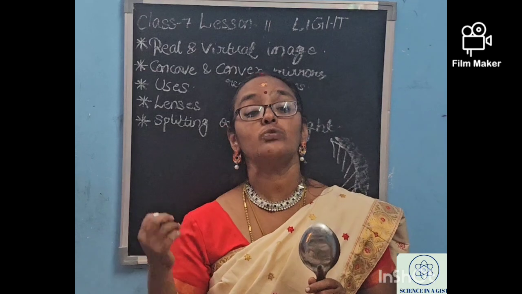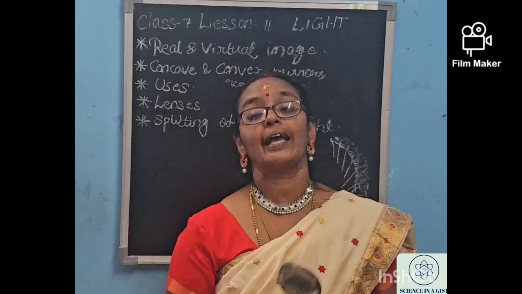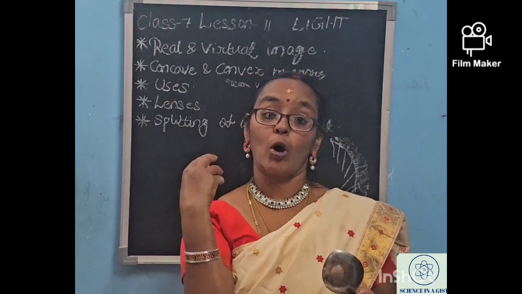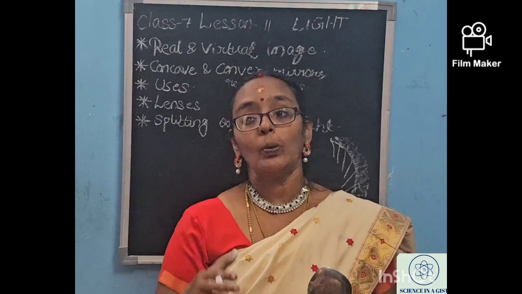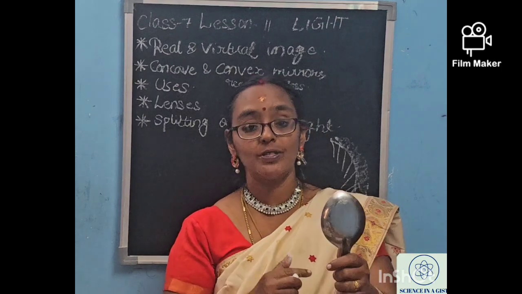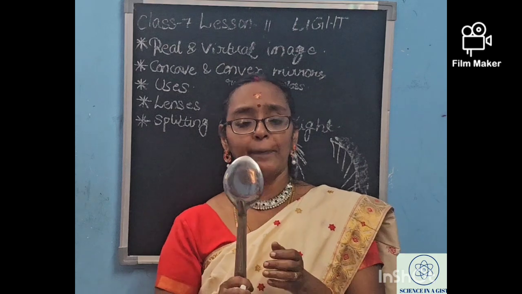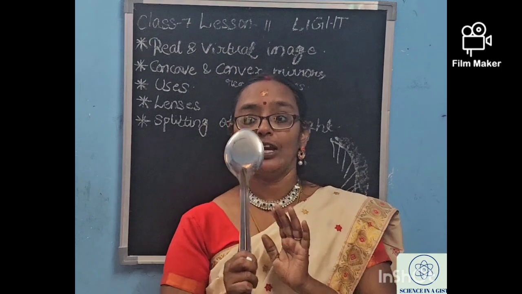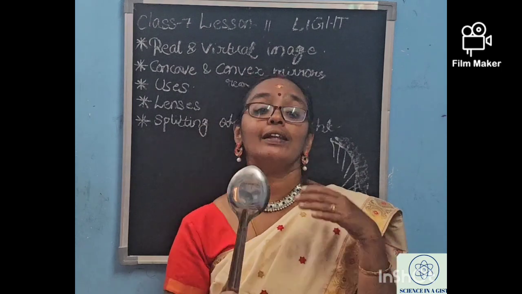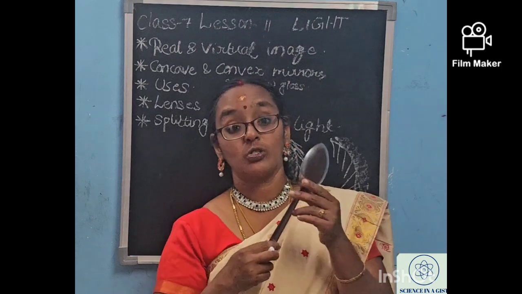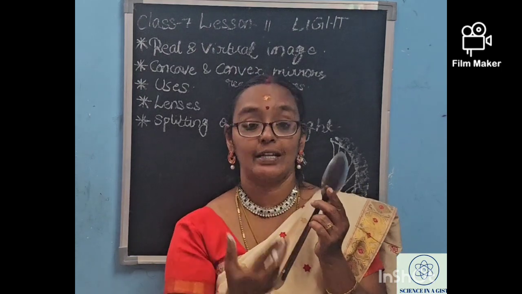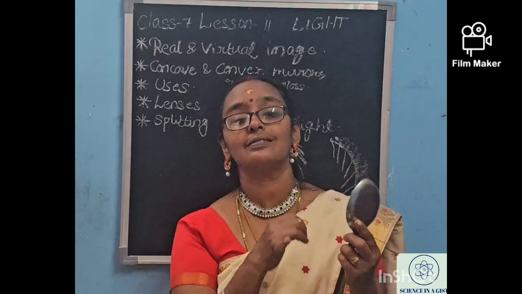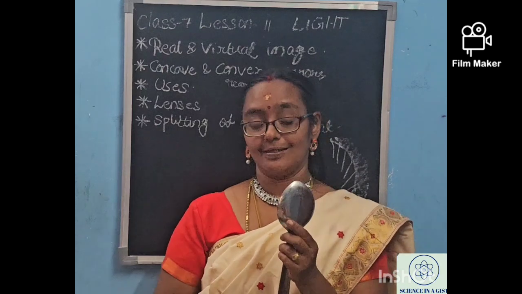The image formed in the concave mirror can be real or virtual, and inverted or erect, which depends on the position of the object relative to the mirror. If it is kept at a far distance we will get one image, and if it is very close to the mirror we will get another. These images can be real or inverted, which depends on the distance between the object and the mirror.